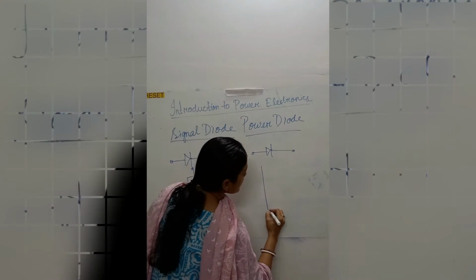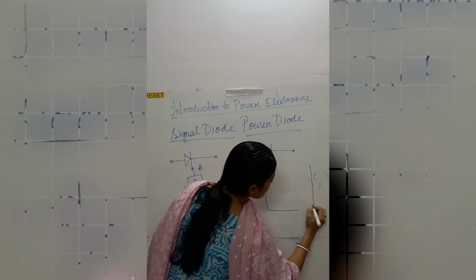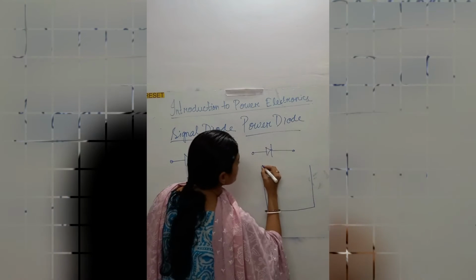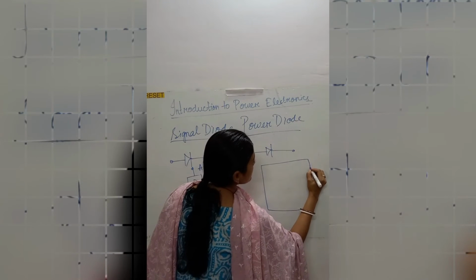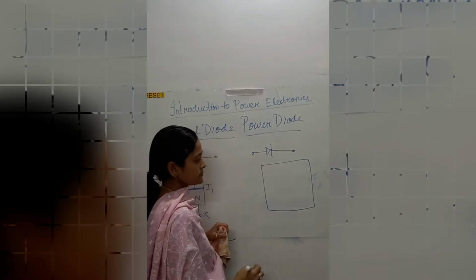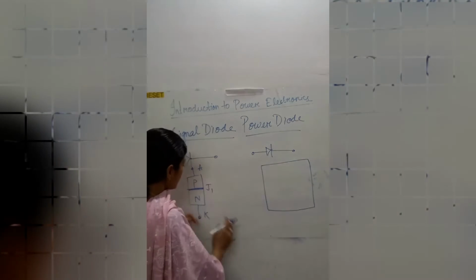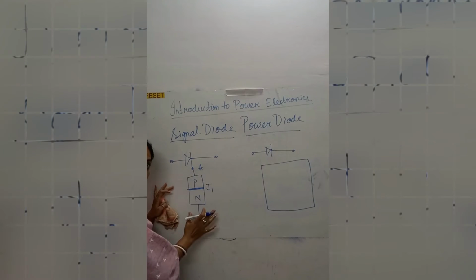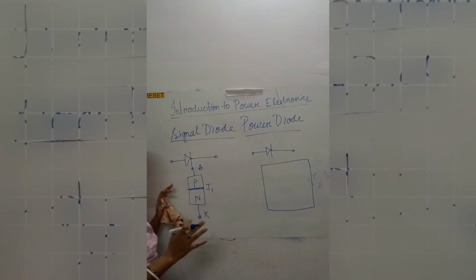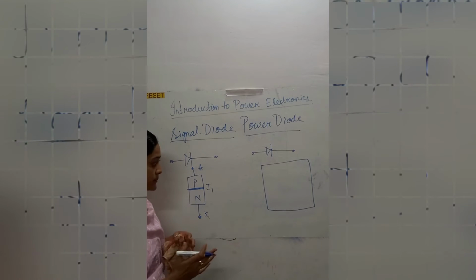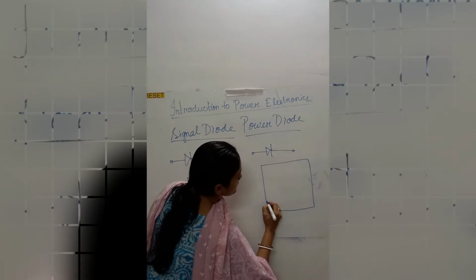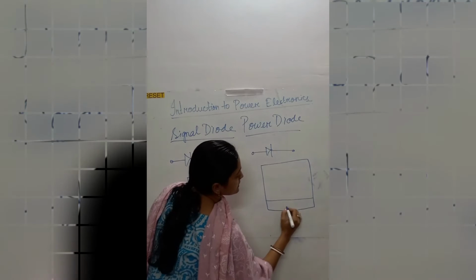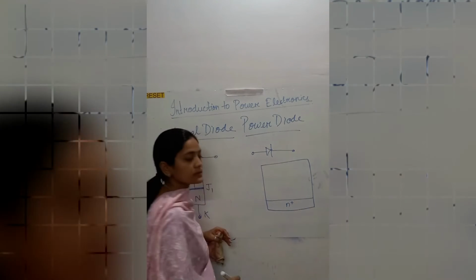here what we have, this makes a big difference. Here we have same N and P, but the dopings are changed over here. Now what happens? We have a substrate, that is N plus layer.